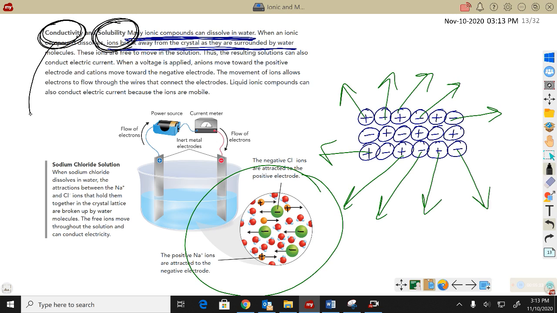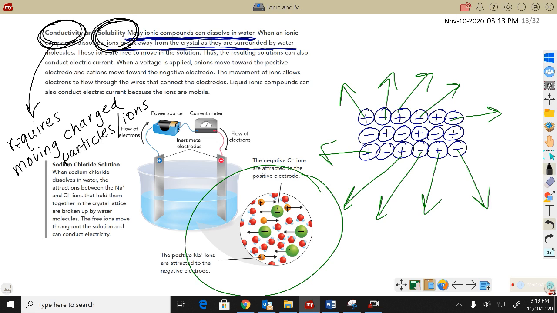Conductivity requires moving charged particles. Or in this case, ions. As long as these ions are free to move and flow, we can conduct an electric current.